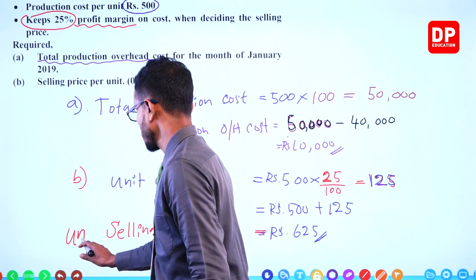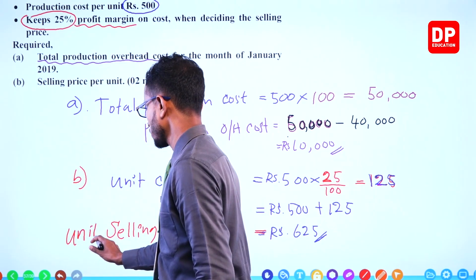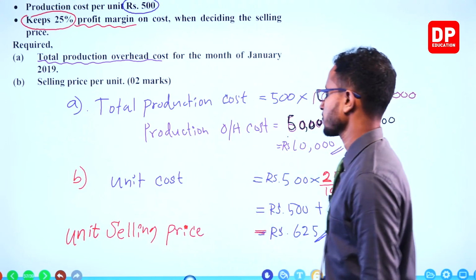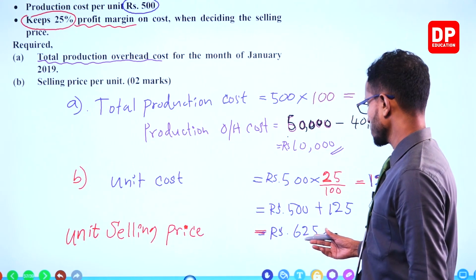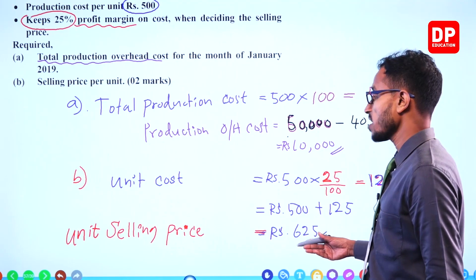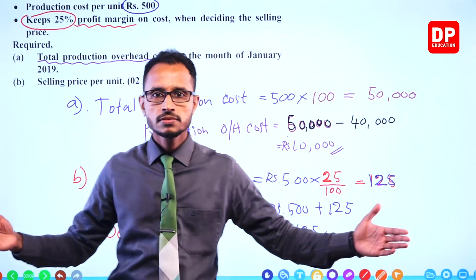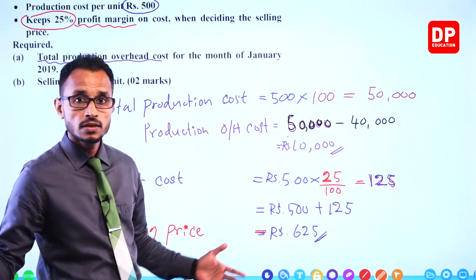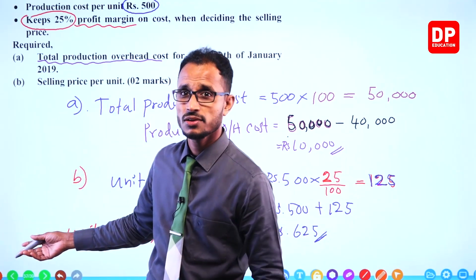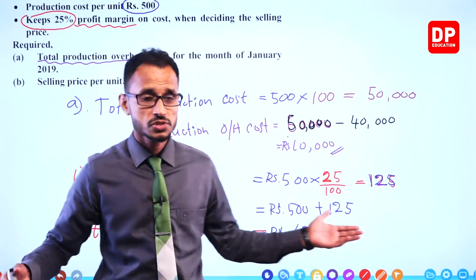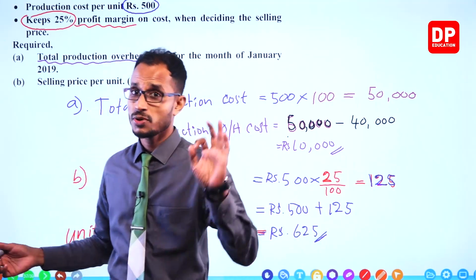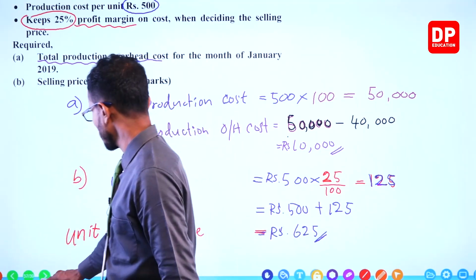Okay, you know that. 625 is the answer. Yeah, can see that, right? Easy calculations, I know. If you get these type of questions on your exam paper, you're lucky. Next question.